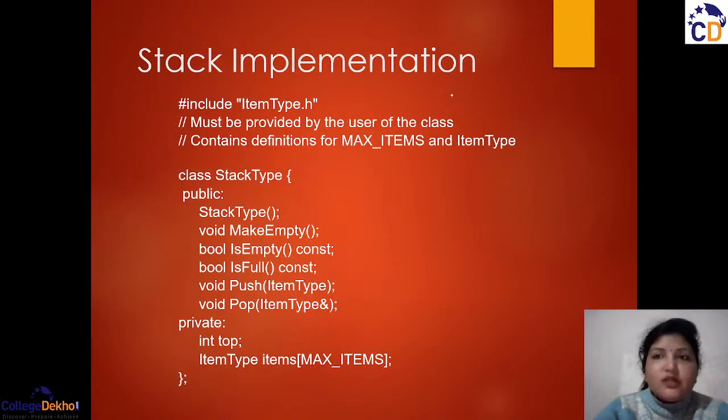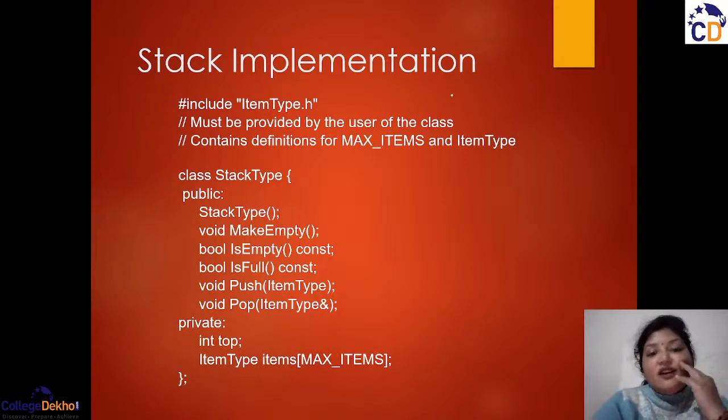So I will be using some syntax or some functions while implementing the stack data structure. First of all, we have included one header file, that is item type, and then we have taken a class of stack type, right? In this class we have specified the member functions.